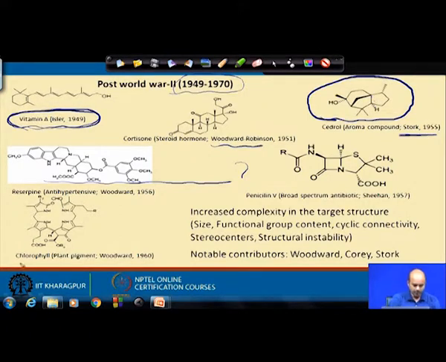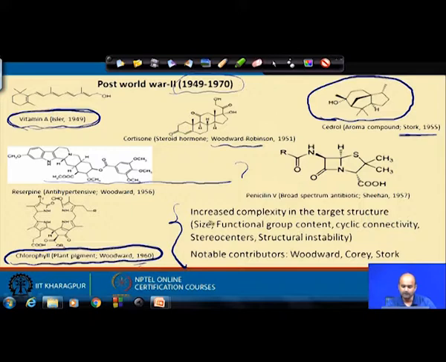and this molecule can be synthesized. Finally, one of the great achievements in organic synthesis was synthesizing this particular molecule named chlorophyll, which all of us know. It is a green pigment responsible for the green color of plant leaves, and this was synthesized in 1960. So, eventually the take home message is, when complexity increases in the target structure, still the organic synthetic chemists are able to make those molecules.